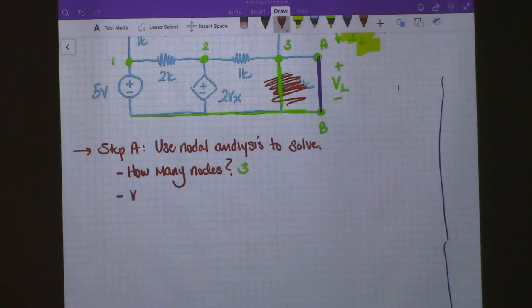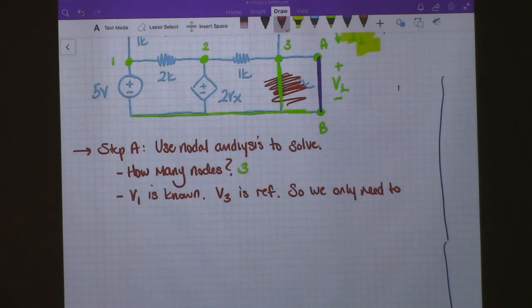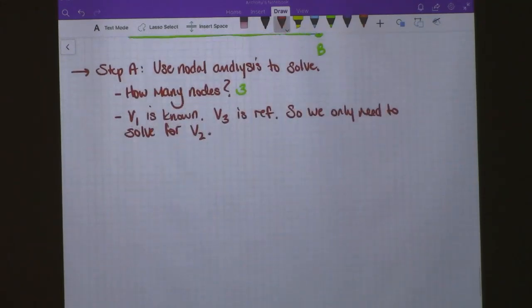V1 is known. V3 is going to be our reference. So we only need to solve for V2 in order to complete this part of the problem. All right, so next step, let's solve for V2.